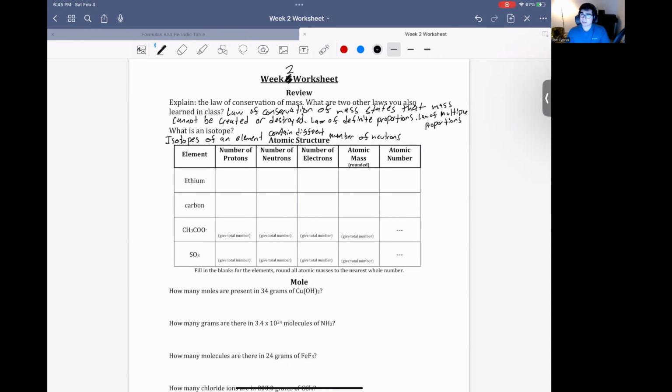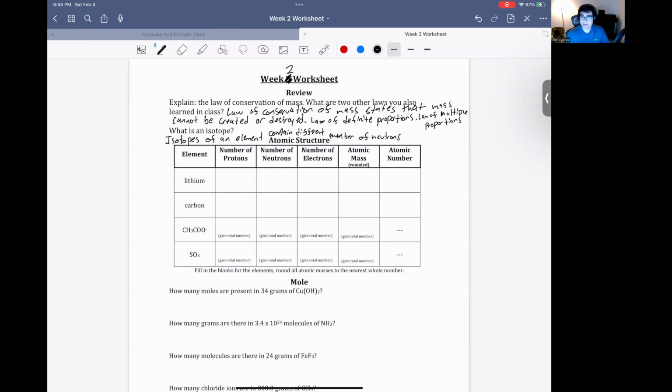So let's say you had some sort of element, and it had 30 protons and 30 neutrons, an isotope could be 30 protons and 31 neutrons. The protons will always remain the same, but the neutrons can change. Each one is an isotope. For example, chlorine 35 and chlorine 34. So chlorine 35 has one more neutron than chlorine 34, okay?